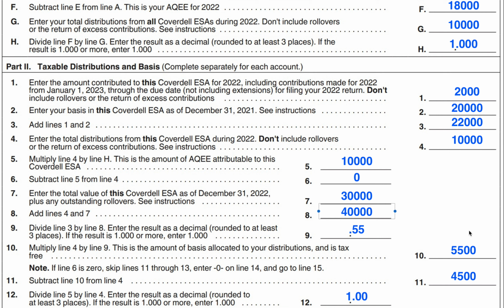And then we're going to multiply this by the amount that was in the distribution line on line 4, which is $10,000. So we get $5,500. This is the amount of the $10,000 distribution that was considered to be basis. The other $4,500 is considered to be earnings. So of this $10,000 distribution, $5,500 is considered a basis or return of your investment. The other $4,500 would be considered earnings on that investment.